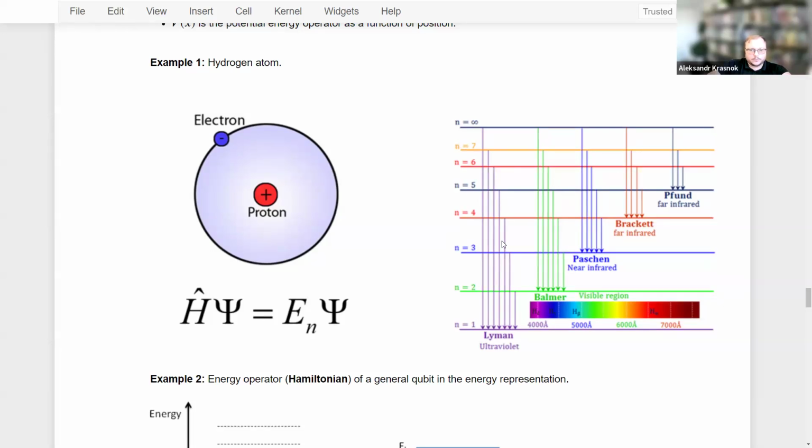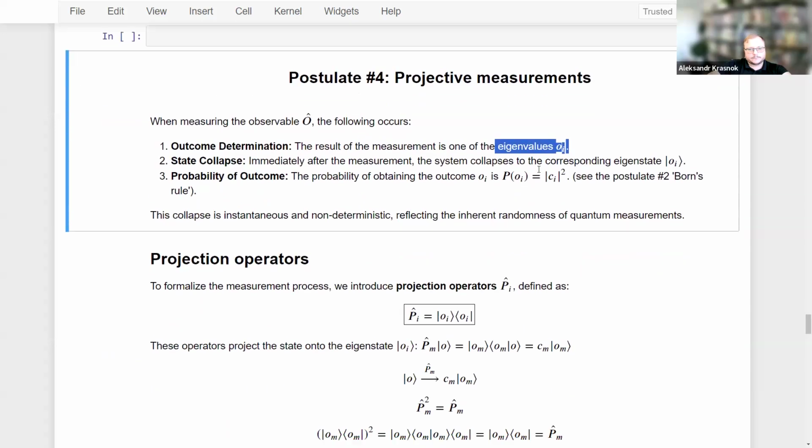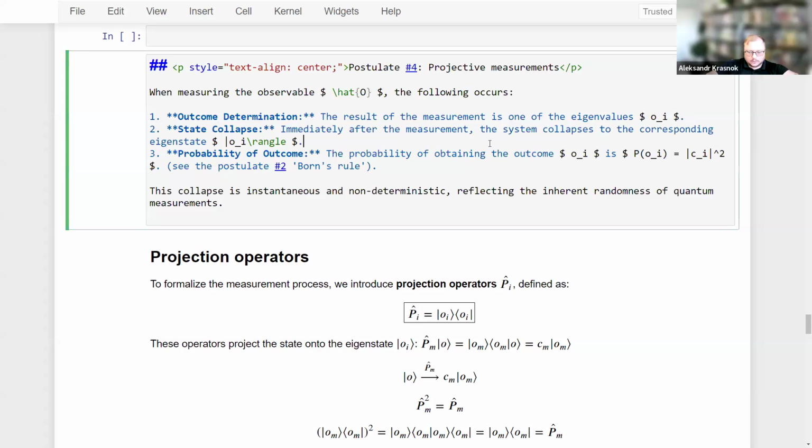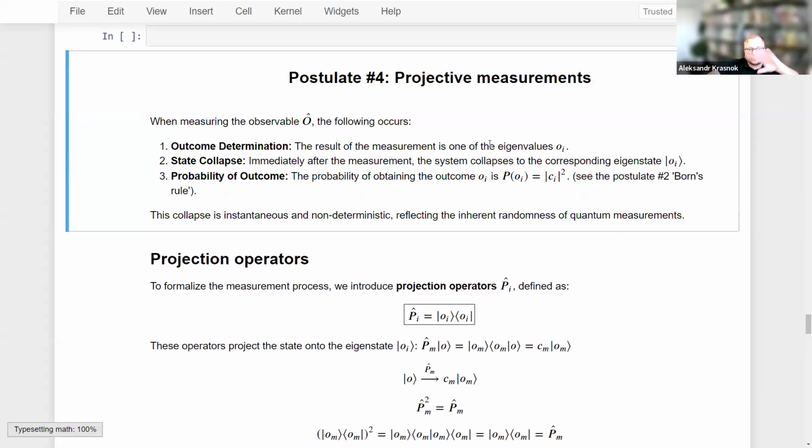Only these possible states will manifest themselves in an experiment. So only one of the possible eigenvalues of the corresponding operator of the observable will show up in the experiment.